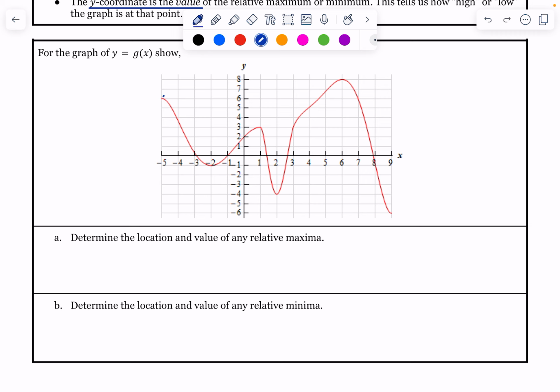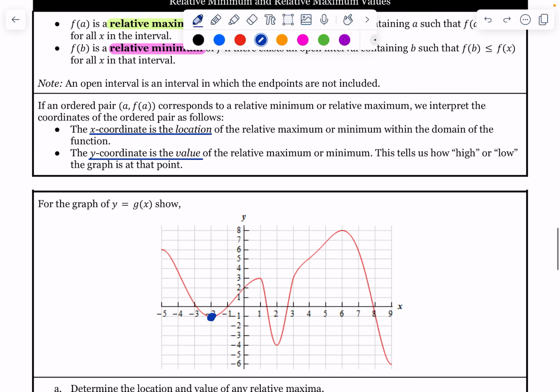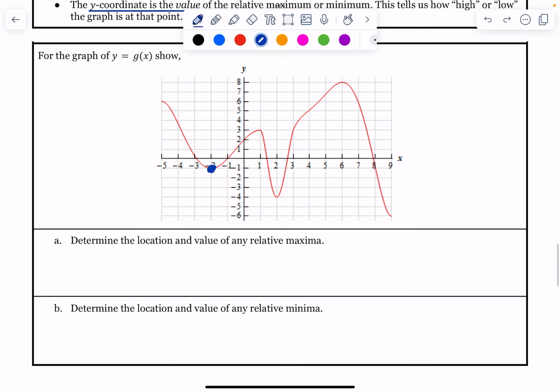So the first point that I see that is like a turning point would be here. And if we notice, both on the left and the right, that red line is above that blue point that I put. And so since it's above the blue point that I put, that point right here is a minimum. What color did I use? I used pink for that. So this is a minimum value, okay?